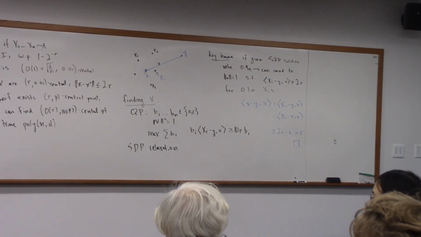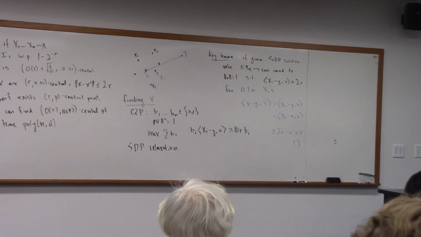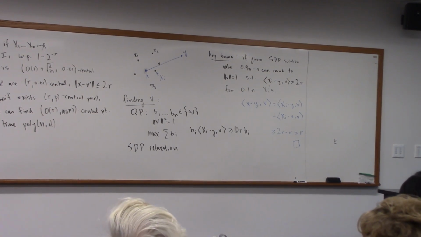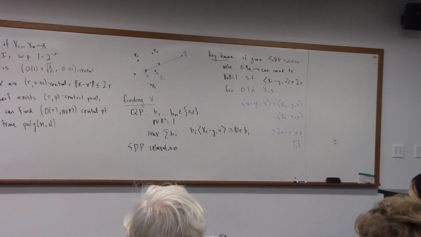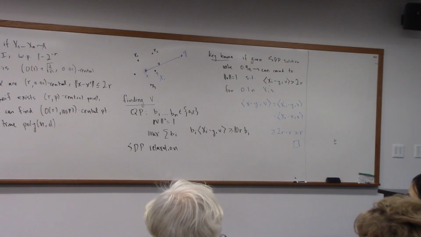Yes. That's where you lost P. But then you can do this trick where you say, if you're 2R, 0.9 central, then you're close in L2 to X by this pigeonhole thing, and X was R, 0.1 central. So now I can upgrade the 0.9 to a 0.1.